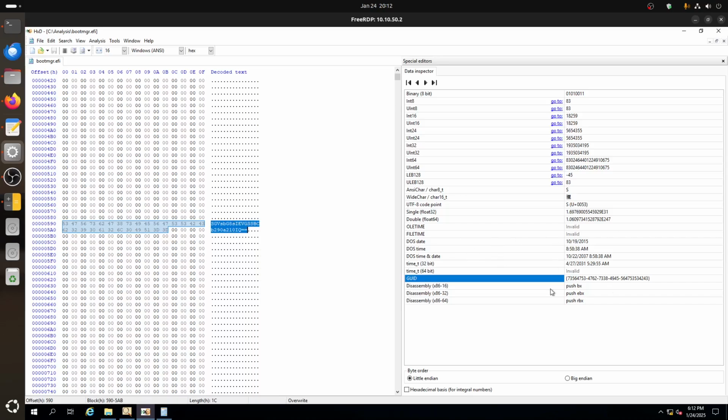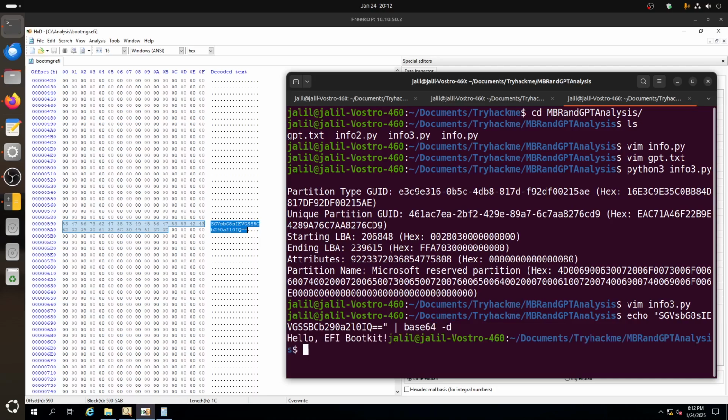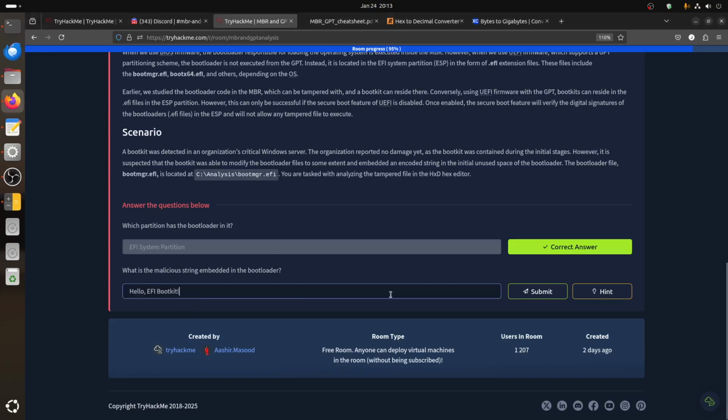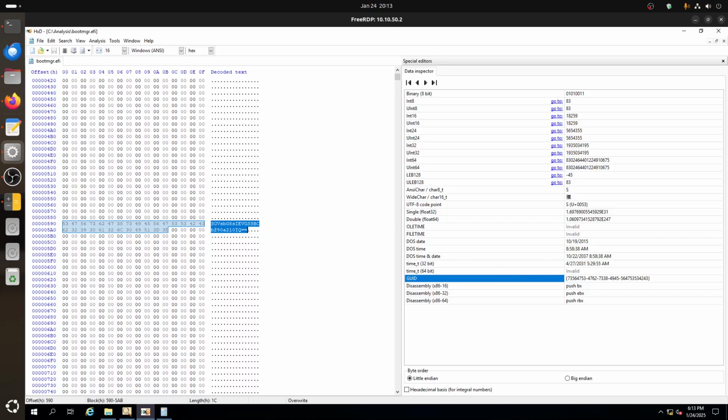It's base64. Let's see. Echo, base64 -d. Okay, we got it. Hello, EFI Bootkit. But why doesn't that one give me the same? Why doesn't this one convert it? Decode text, but it can't convert.